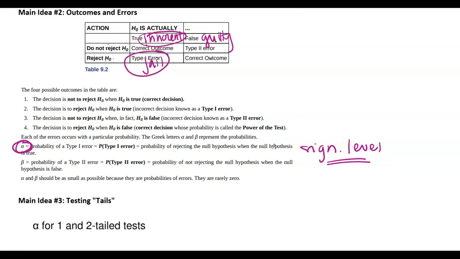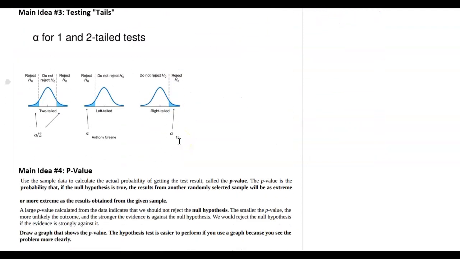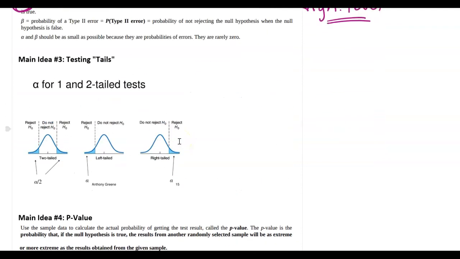If you commit a type 2 error, then you let a guilty person go free. And so that's the difference between those 2 types of errors. Okay, that's helpful.